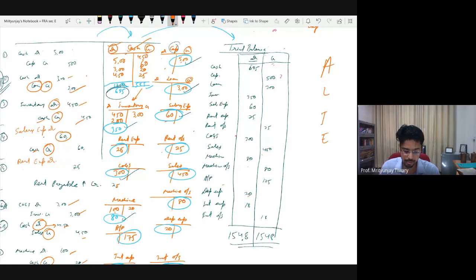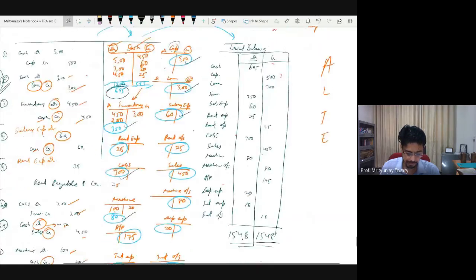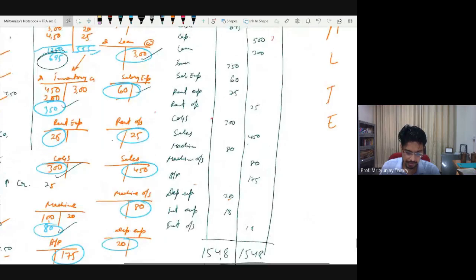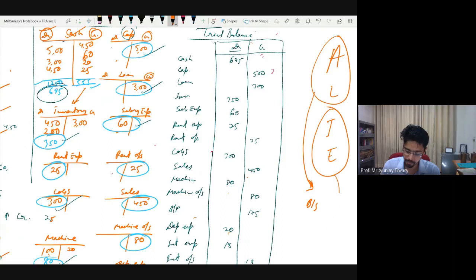What we'll do is go to every item one by one in the trial balance, and if something is an asset or liability, it will move to a statement called the balance sheet. If something is an income or expense, it will move to another statement called the income statement. This is what we are going to do.